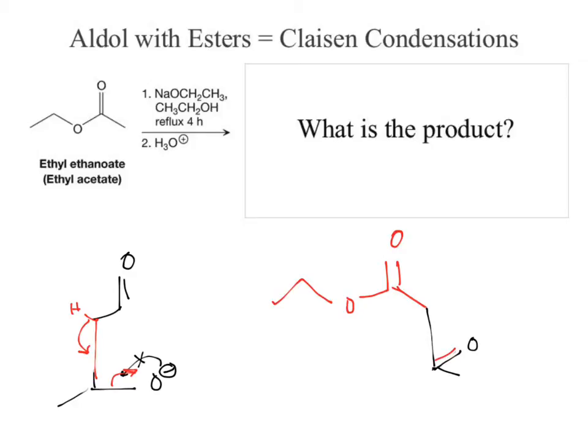Because of the leaving group presence. Okay? So the chemistry is effectively identical. It's just what happens in that last step. We don't end up doing a clean standard alkene formation for our condensation. We end up reforming our carbonyl. Why do we reform the carbonyl? Well, I have a leaving group. Okay, the leaving group kicks out, and I can reform the carbonyl instead of doing the alkene.